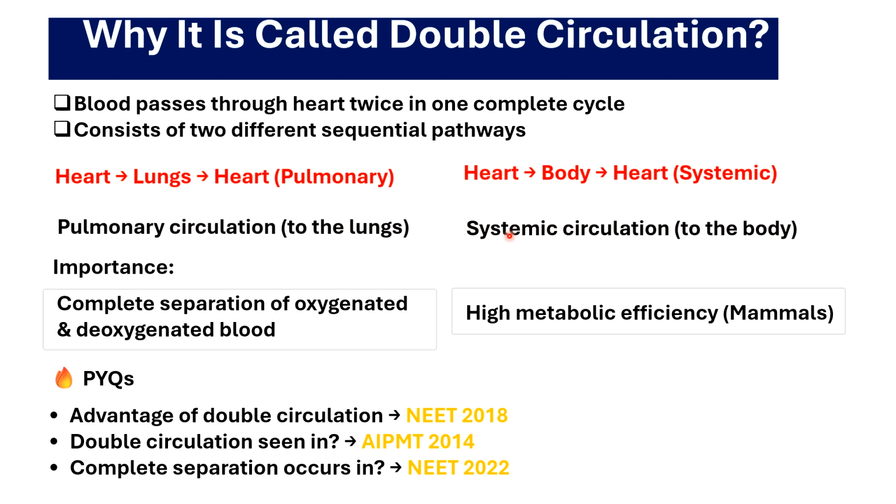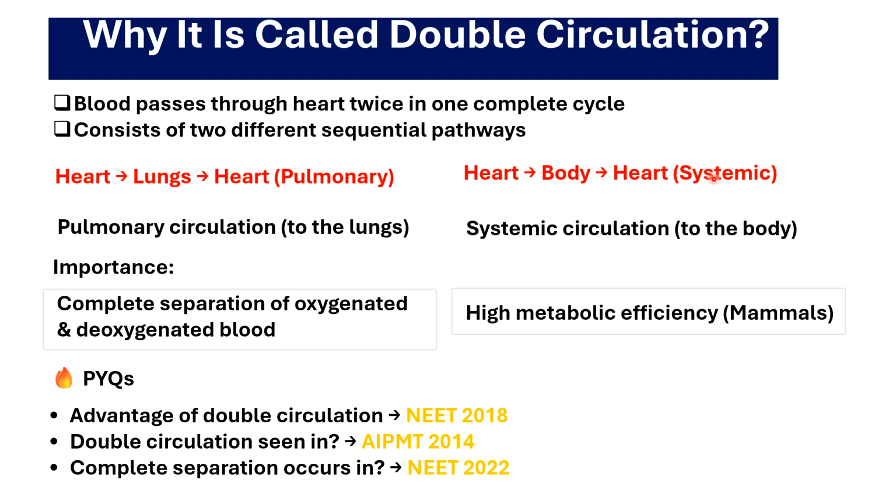Second is the systemic circulation, which involves the heart and the body. Here what happens, the oxygenated blood is pumped from the heart to the body where it is supplied to the tissues. The deoxygenated blood which has been produced by the tissues is pumped back to the heart. This constitutes the systemic circuit.